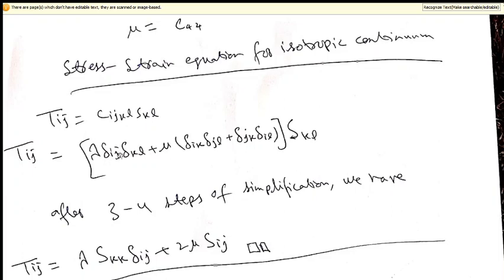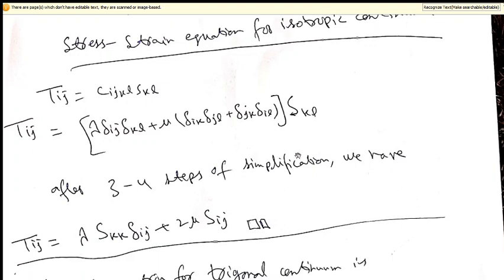This would be lambda delta ij delta kl Skl plus mu delta ik delta jl Skl plus delta jk delta il into Skl. Now by using your previous knowledge about the indices, summation of indices, and product of delta with any tensor, after 3 to 4 steps you will have this type of equation. This is the stress strain equation for an isotropic continuum.